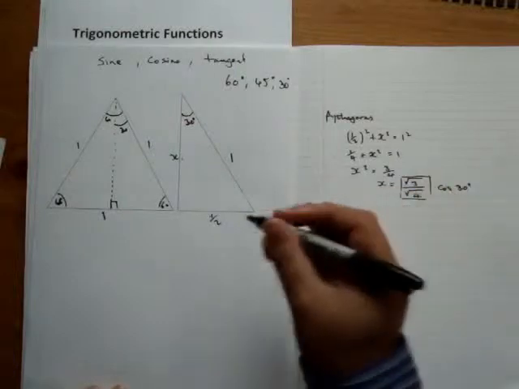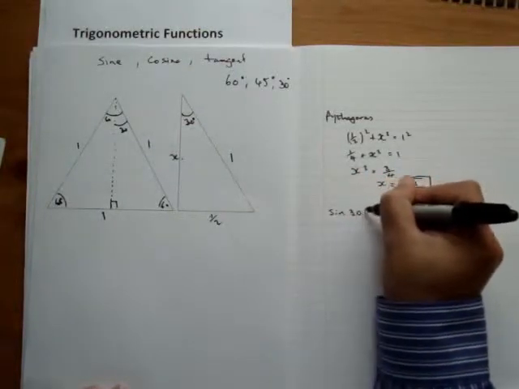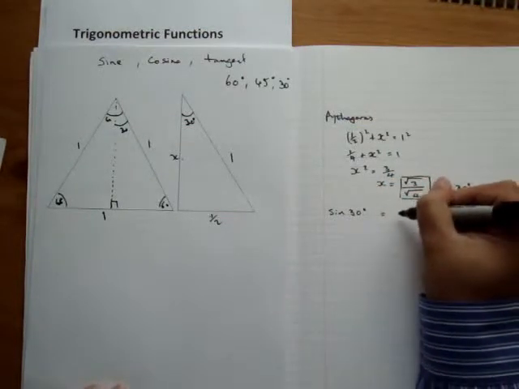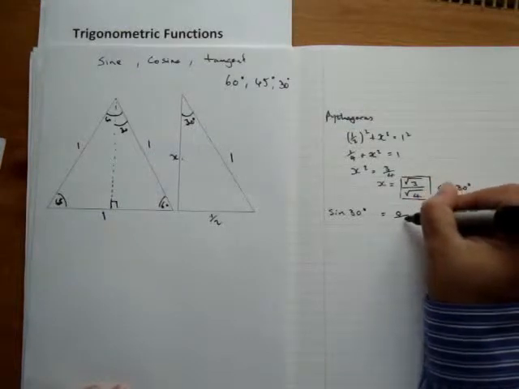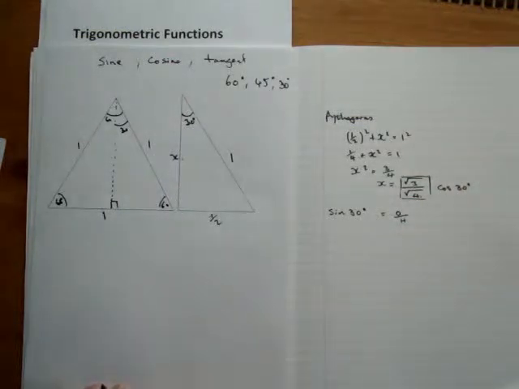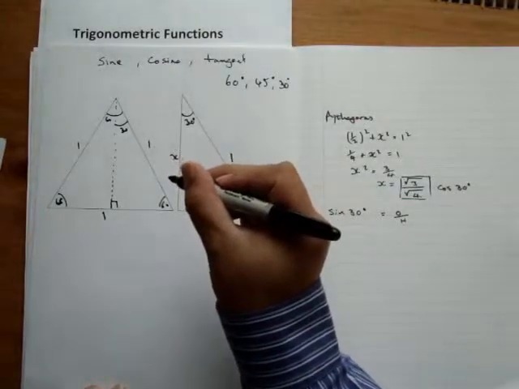If we want the sine of 30 degrees, we have sine is opposite over hypotenuse. So now we know that this is square root of 3/2.